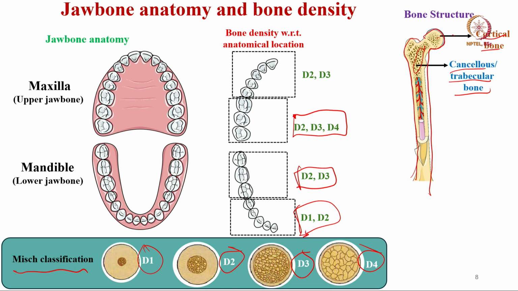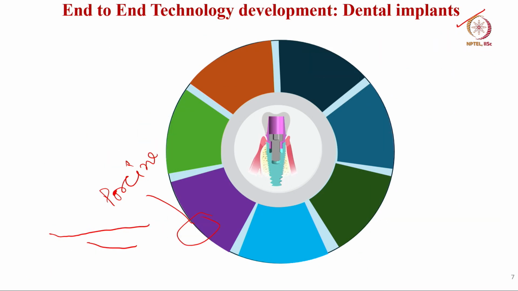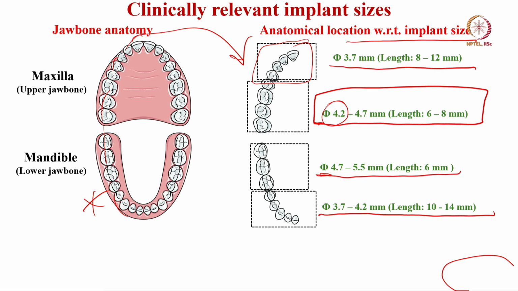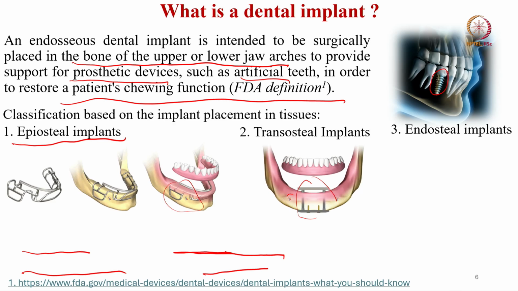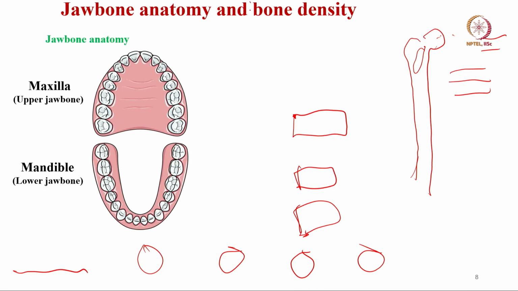So, from these two slides, this one and similar slides where I have discussed jawbone anatomy, you have a much clearer idea. I am referring to this particular slide, right. Here I have discussed implant sizes, and here I am discussing the bone density.